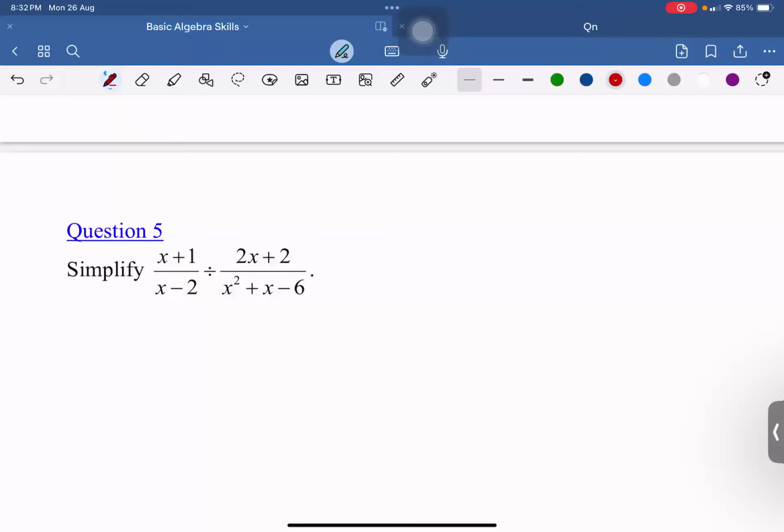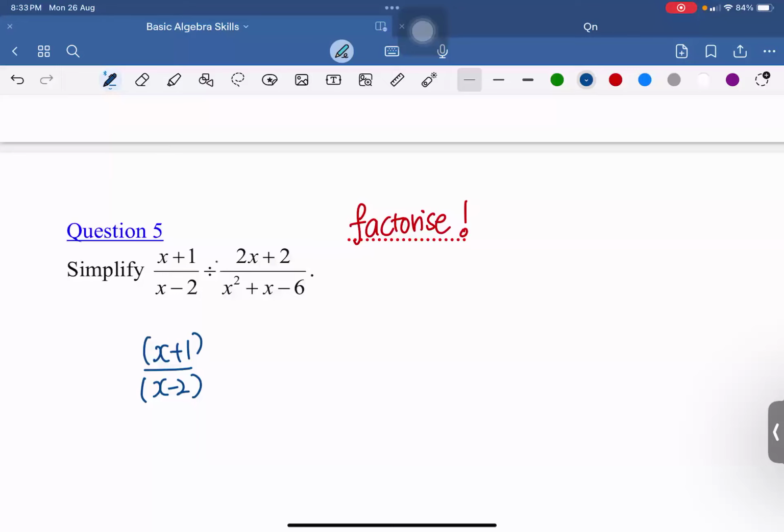What is our algebra favorite letter? Factorize. Let's check the first portion over here. Is there anything to factorize? Nothing to factorize. I kiasu, I put bracket. So I know it's the whole thing itself.